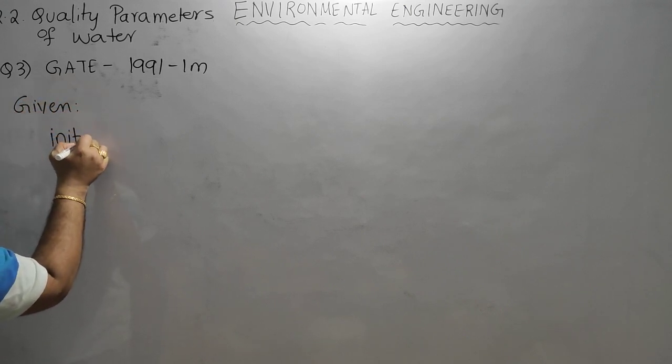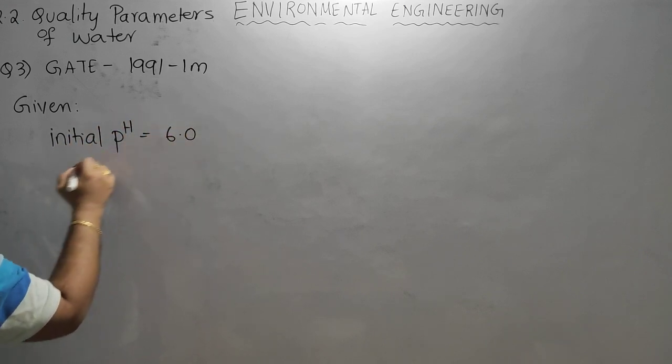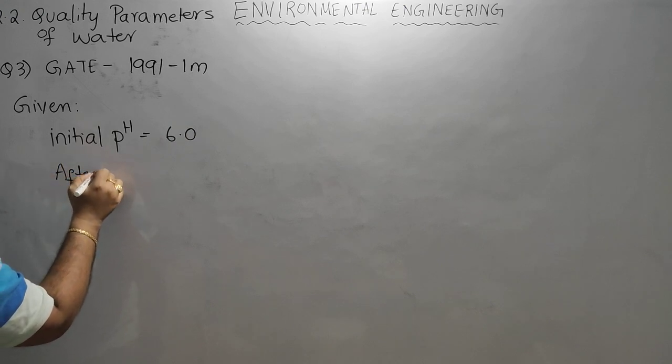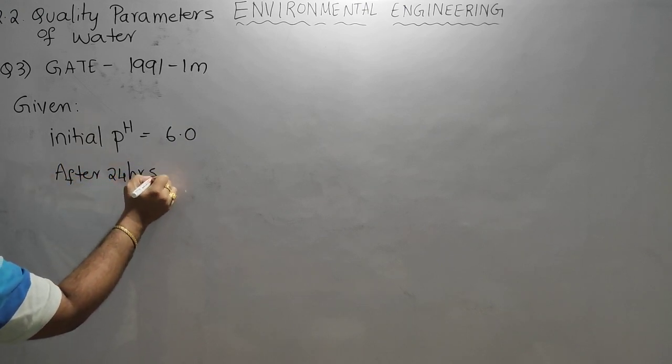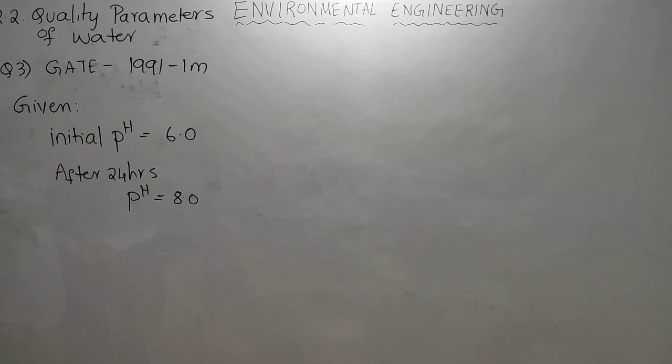Initial pH is 6.0. After 24 hours, the pH has become 8.0. He is asking what is the mean pH over this period. Here we need to find the average hydrogen ion concentration.